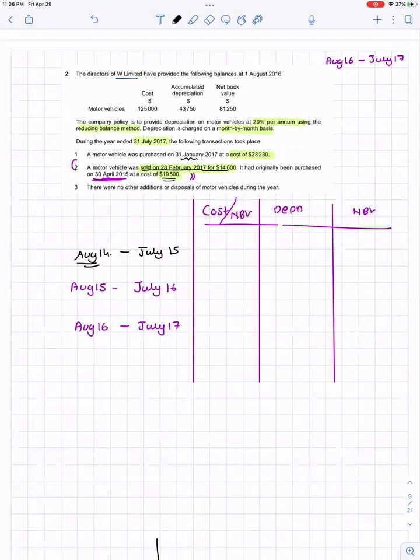And I purchased it on 30th April 2015. What is the cost of the asset? 19,500. 3 months for depreciation: April is done, so May, June and July. 3 months depreciation.